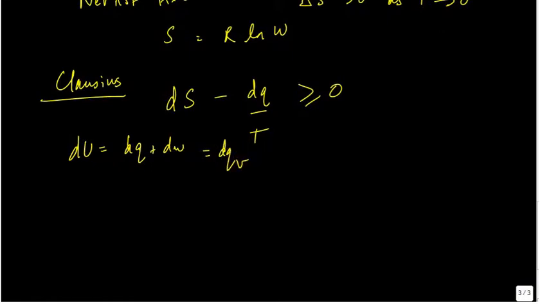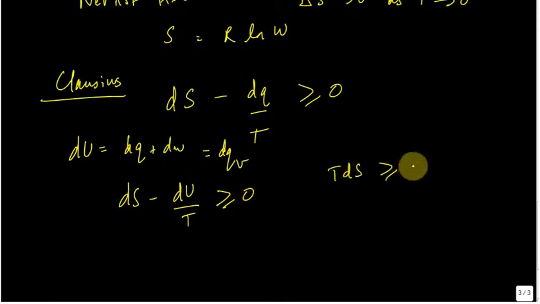So at constant volume I could write dS minus dq_V by T, or I could write minus dU by T is greater than or equal to 0, or in other words T dS is greater than or equal to dU. Yes? Always at the back of my mind I always know that it's constant volume.